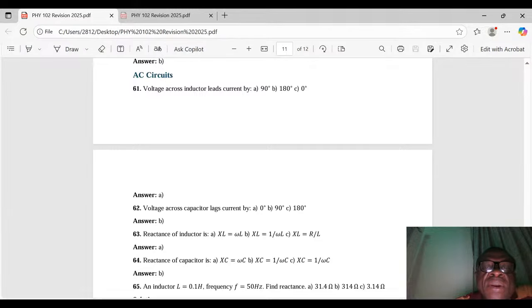It leads current by 90 degrees. That is what we talk about, the phase. So the correct answer is A.